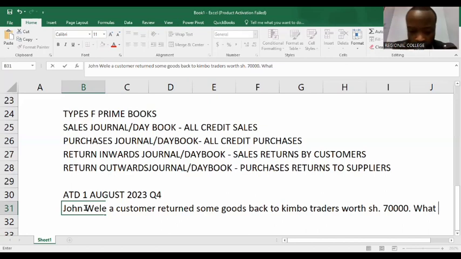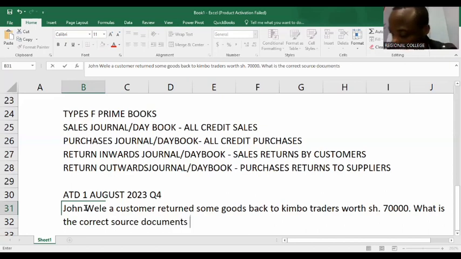Then the question says, what is the correct source document to record the transaction?